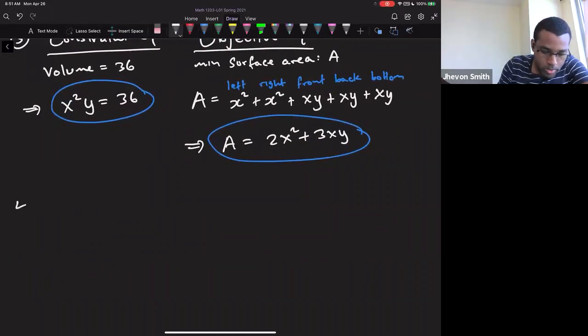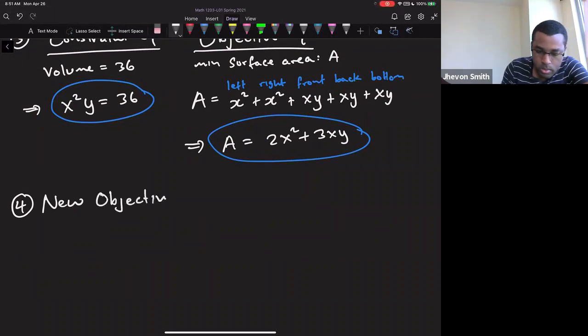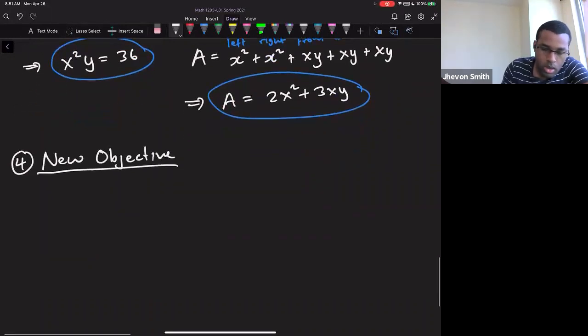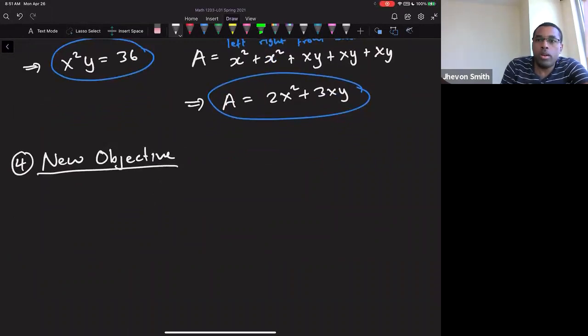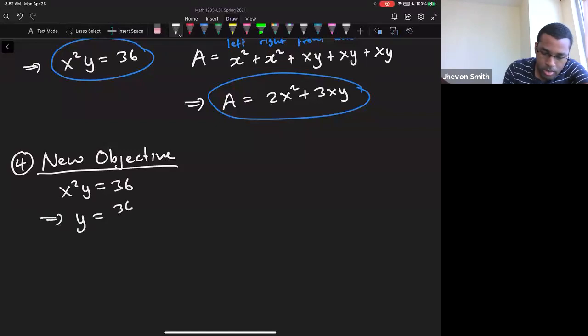Moving on to the next step, 4, we're going to need a new objective. So we're going to solve for one variable in the constraint, plug it into the objective. Here, I would solve for y, right?